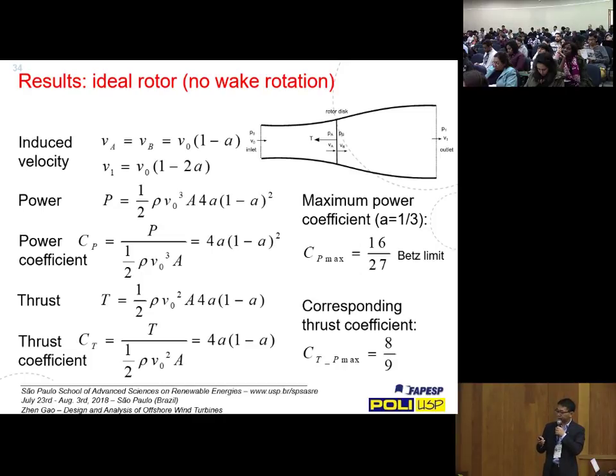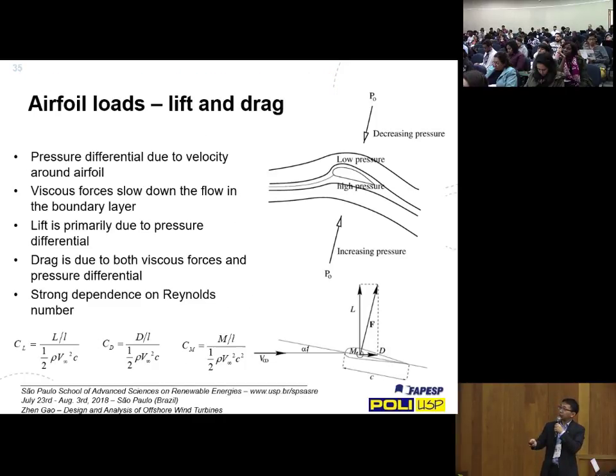Now, actually, the blades are slender structures with airfoils. And then we also have to calculate the loads directly acting on the blade. These refer to the lift and the drag force on an airfoil.